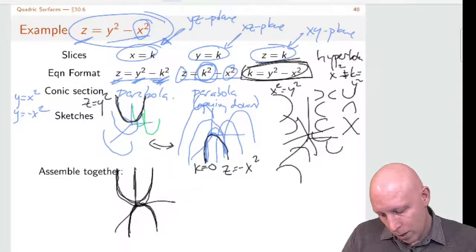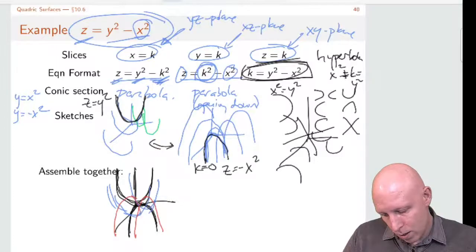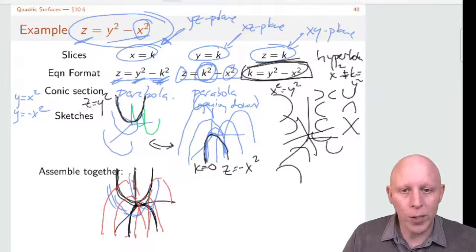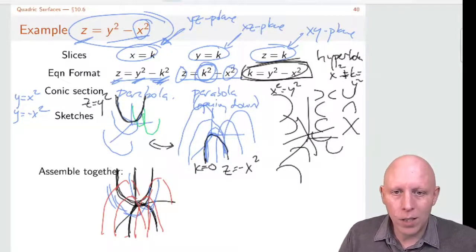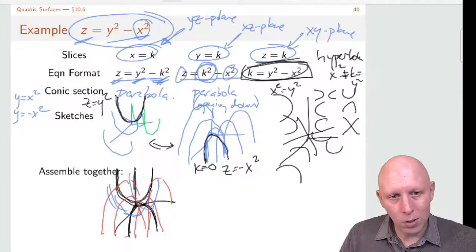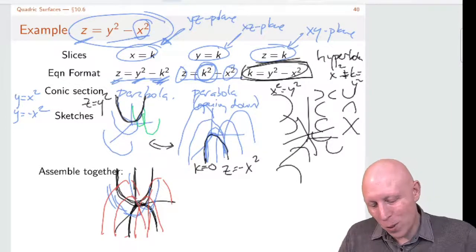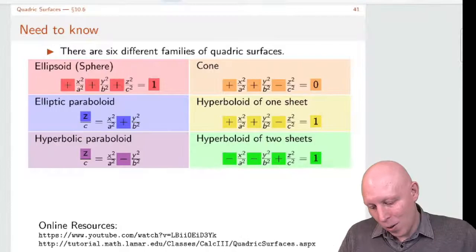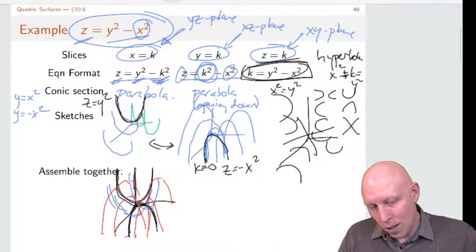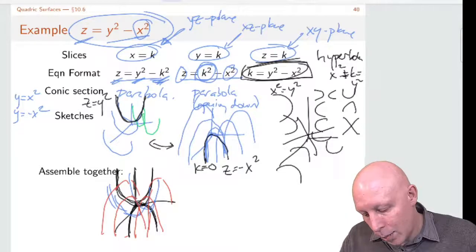What we get here is that these end up going down on both sides, and then these go up. I said this wasn't impossible, but it's still not pretty. If you look carefully, you might see a surface that you're used to seeing on a Pringle from Pringles potato chips. So this type of object is called a hyperbolic paraboloid.